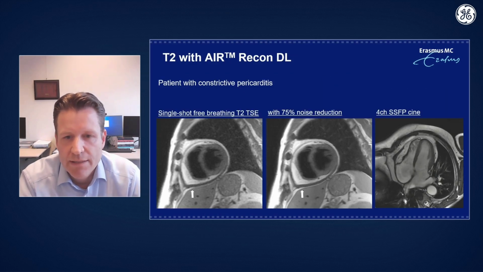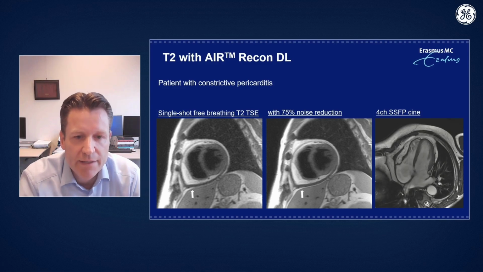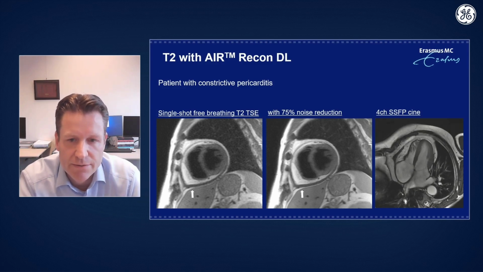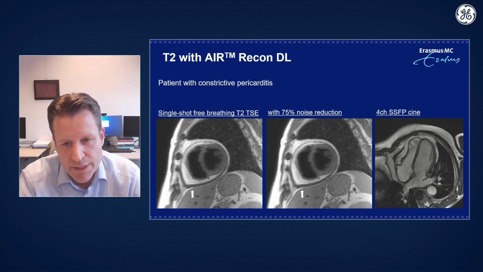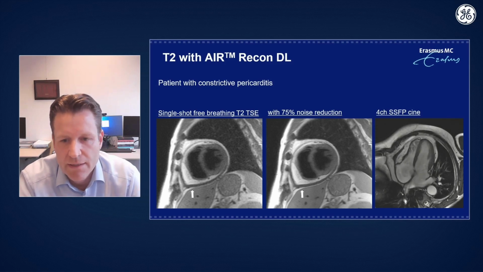So it's not only late gadolinium enhancement, you can also use it for other anatomical images. For example, this is a single shot free reading T2 turbo spin echo, on the left with standard, and in the middle with the noise reduction. So we use only the free reading sequence. And you see already with the arrow where the pericardium is quite thickened.